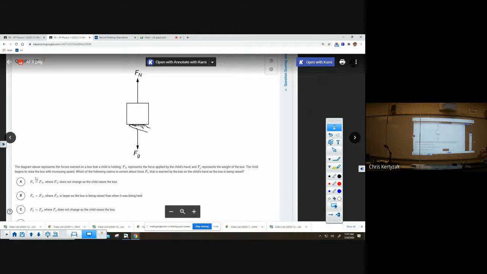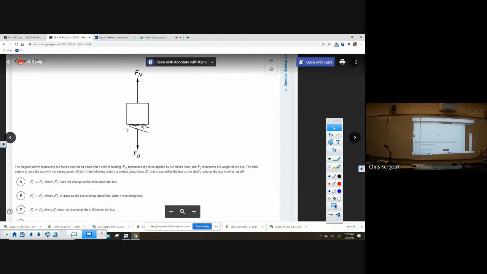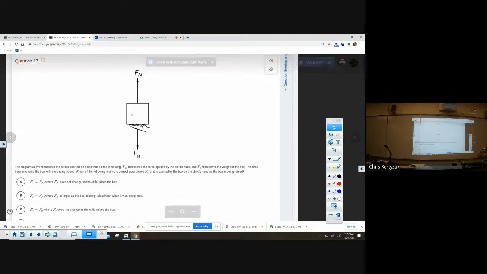The child then begins to raise the box with an increasing speed. After it's just held out like this, stationary, of course, if it's stationary, these two forces would be equal and cancel out. But as soon as they start lifting up to increase the speed, what statement would correctly model the forces if they're lifting it with an increasing speed?